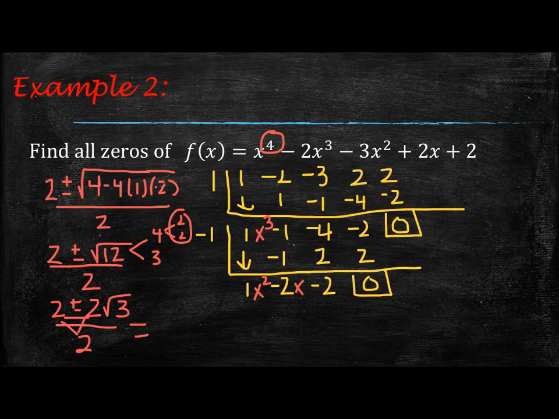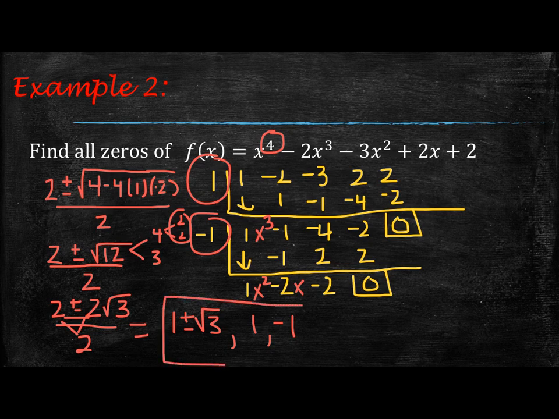So it would be 1 plus or minus the square root of 3. Alright, so those are 2 of our zeros, and then remember the ones we started with. So we also have 1 as a 0 and negative 1 as a 0. And those are your final answers.